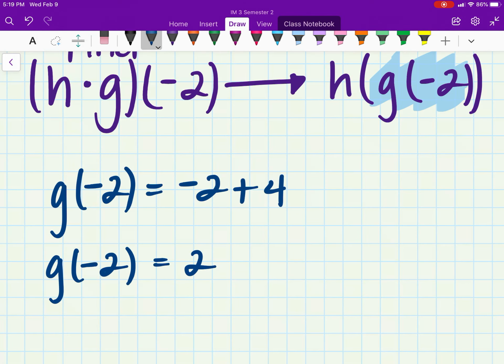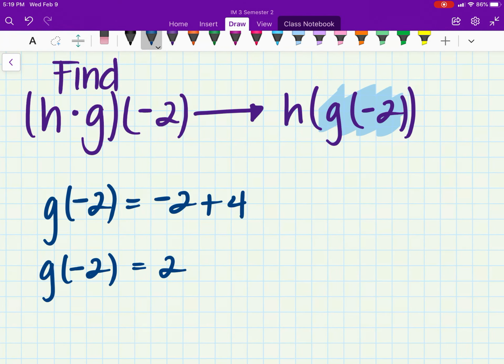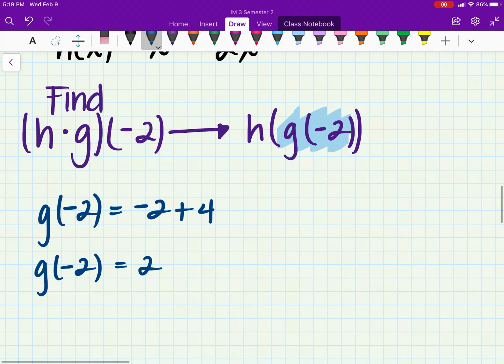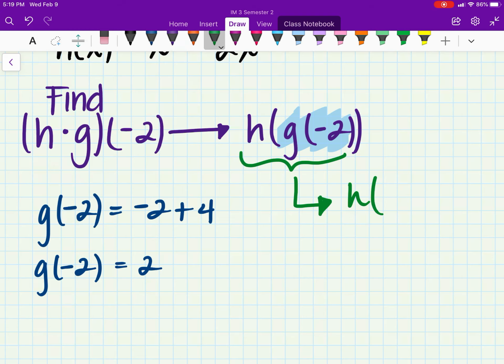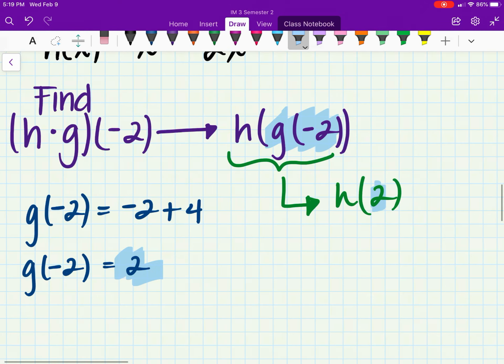And that's actually going to be a positive 2. So g of negative 2 in this case is going to become a 2. So for this problem here, this is now going to become h of 2. Once again, because g of negative 2 now equals 2. So it's the same one there.